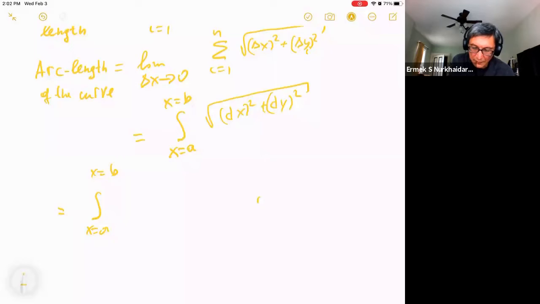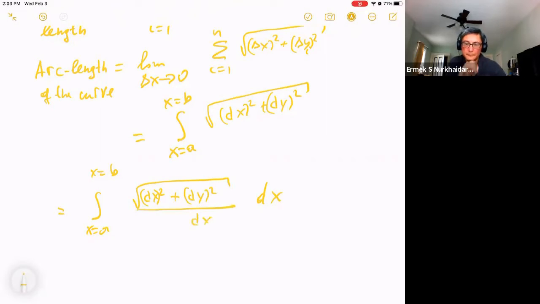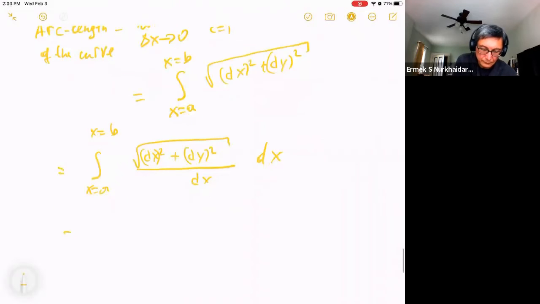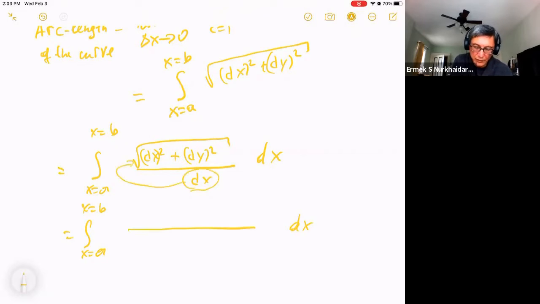So I want to have dx at the end. That's the missing piece. Because that's extra stuff which I put in, to balance it, I have to divide by dx. Now I'm going to bring that dx inside of the square root. To bring it inside of the square root, I will have to square it.